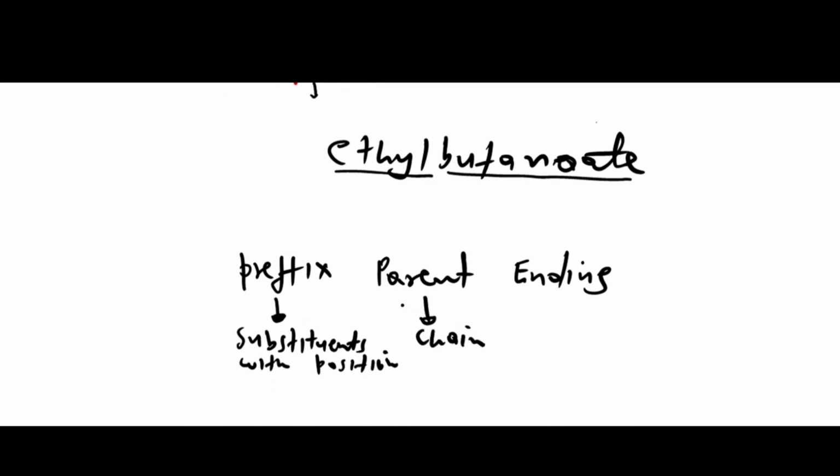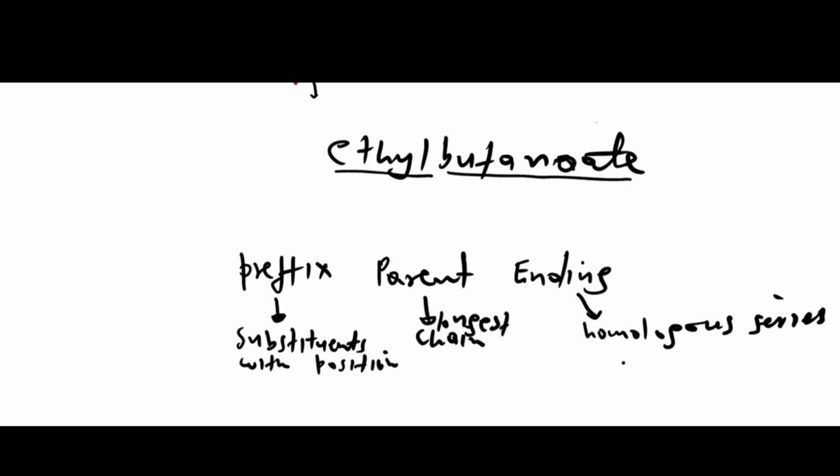The longest chain is the parent. Then the ending name tells you the homologous series or the functional group. Homologous series.